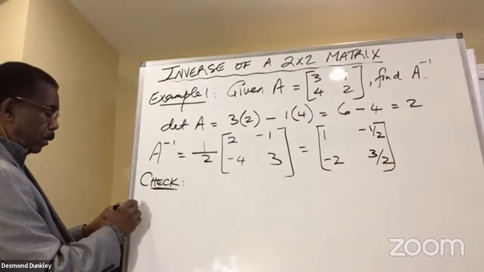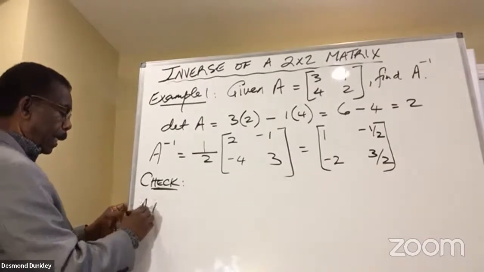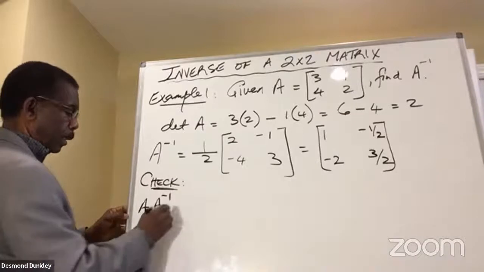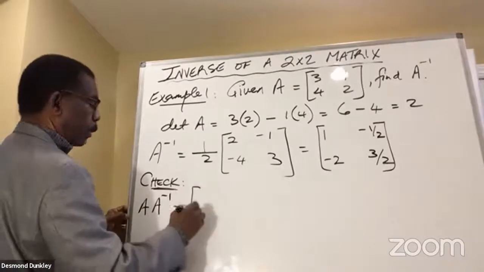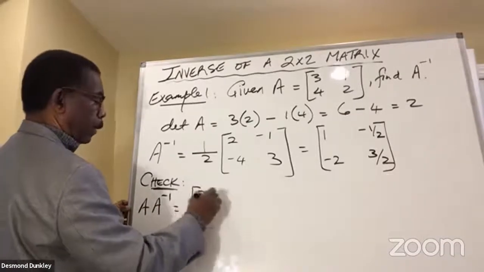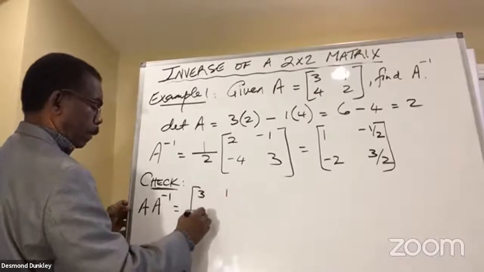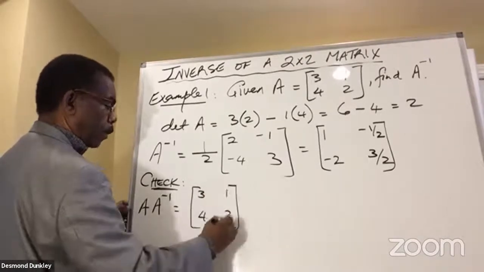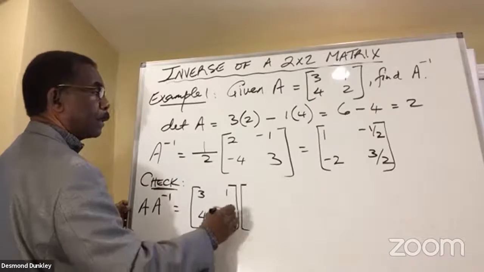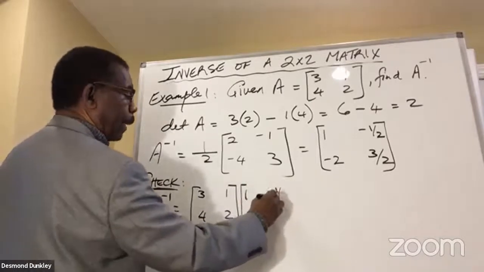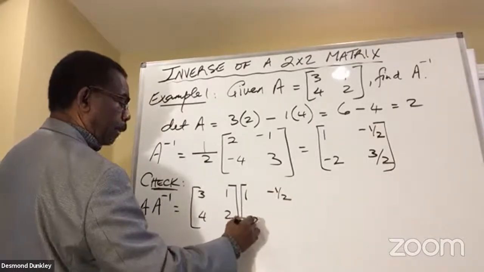So we're going to go A times A to the minus 1 is going to be equal to 3, 1, 4, 2 times 1, negative a half, negative 2, 3 over 2.